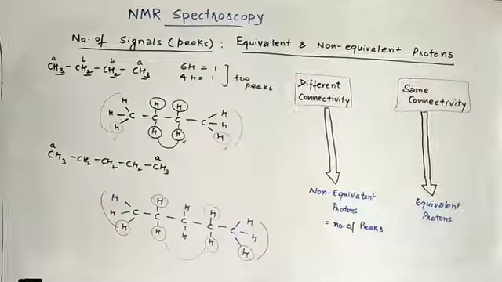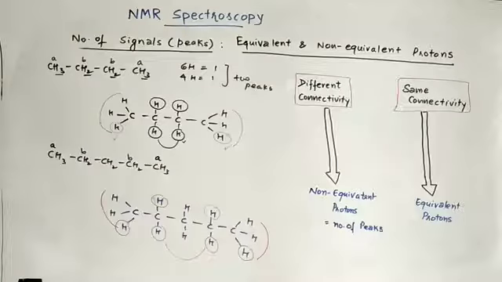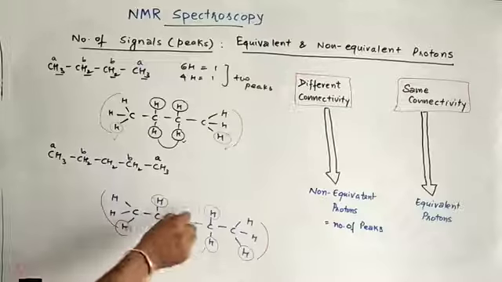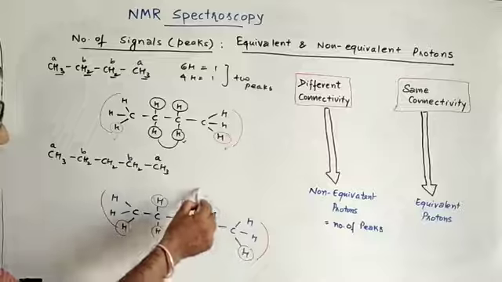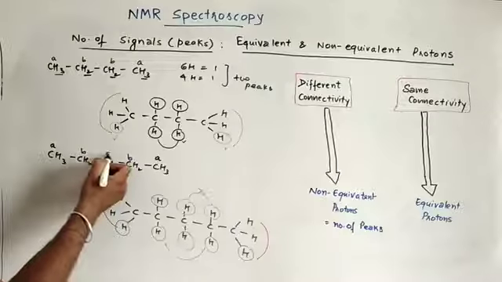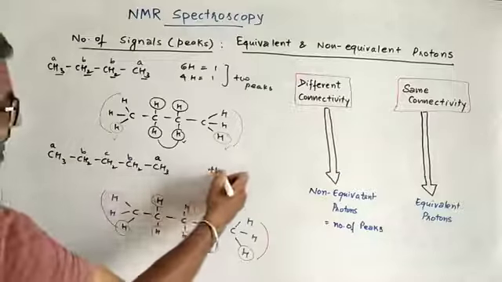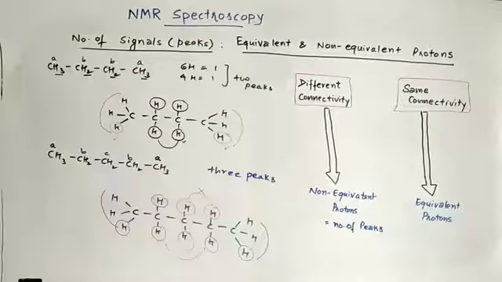It means these 2 and these 2 are equivalent. These 4 protons give 1 peak. Now what about these 2? They are equivalent. These 2, they are not equivalent. You can see their connectivity. So it means this will give C. So this compound gives 3 peaks. So this is the general idea to find out the number of peaks in a given molecule.